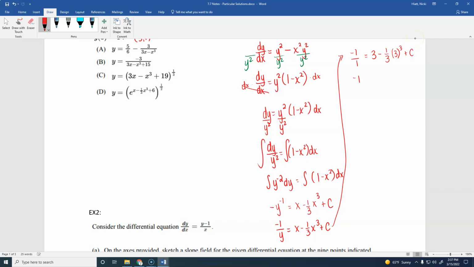So we got negative 1 equals 3, let's see, this is going to be 9, plus c. So negative 1 equals negative 6 plus c. Add your 6, and your c is 5.